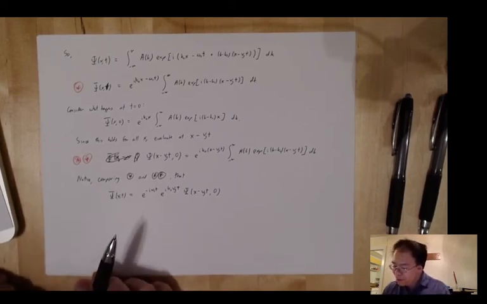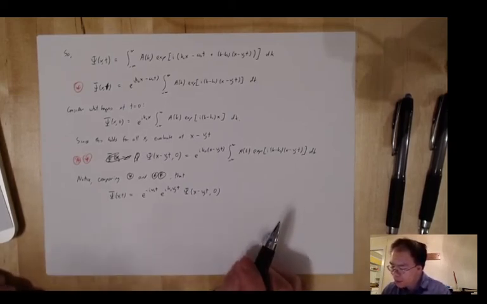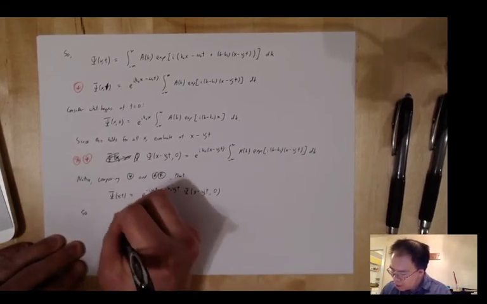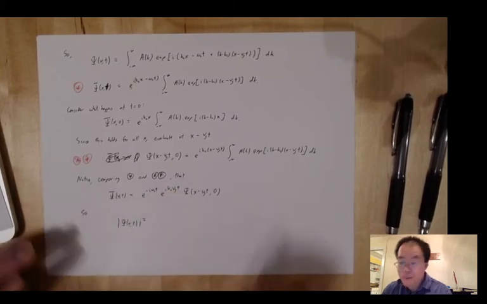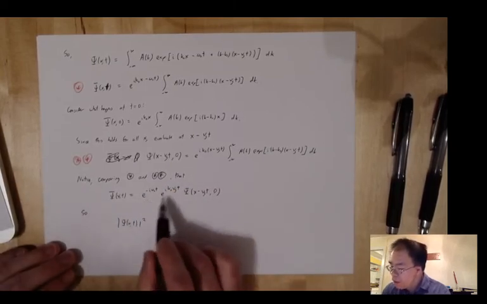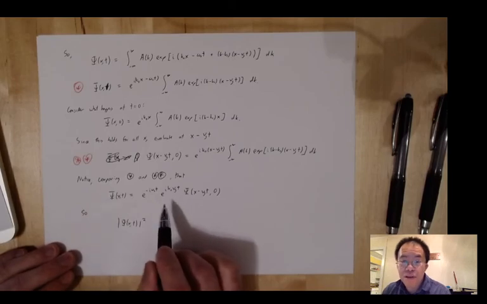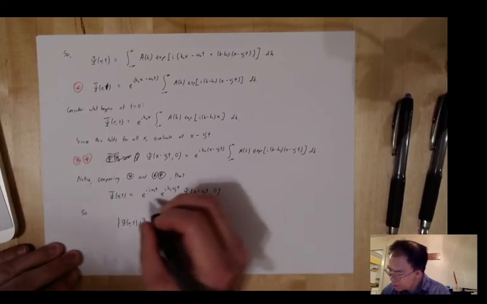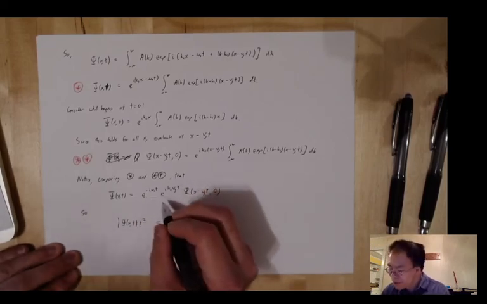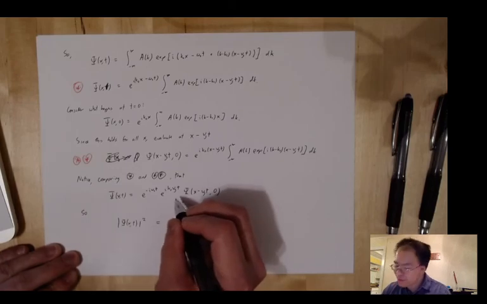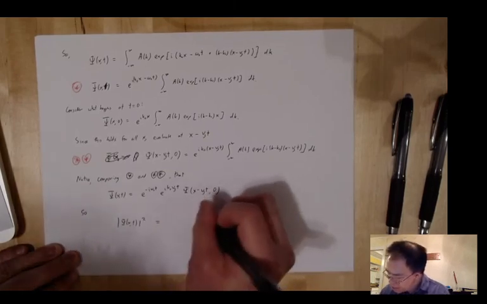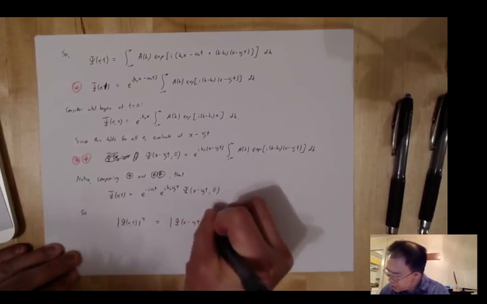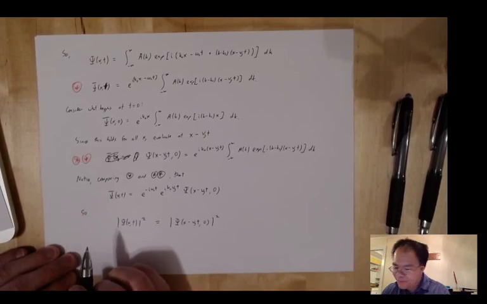Well, we're nearly done, because now if we just take the modulus squared of both sides, psi of x,t modulus squared, when we modulus square all of this, all of these complex exponential terms are just going to go to 1, because we're going to multiply by e to the i omega naught t and e to the minus i k naught vg t. So we're just going to end up with psi of x minus vg t, 0 modulus squared.